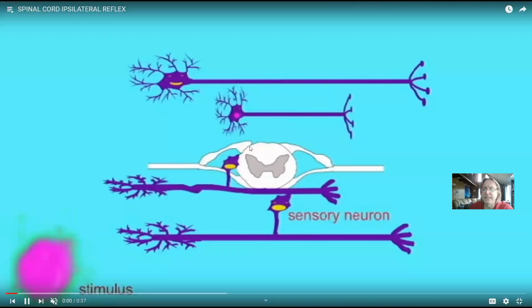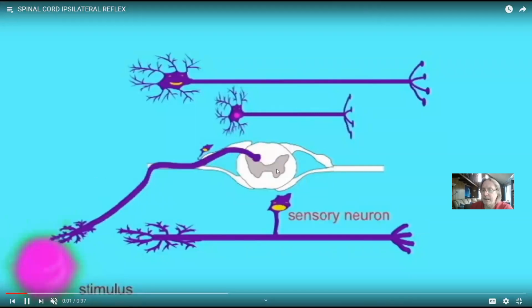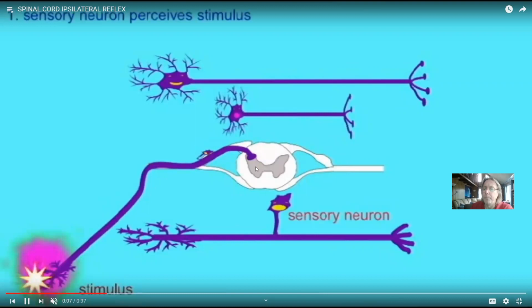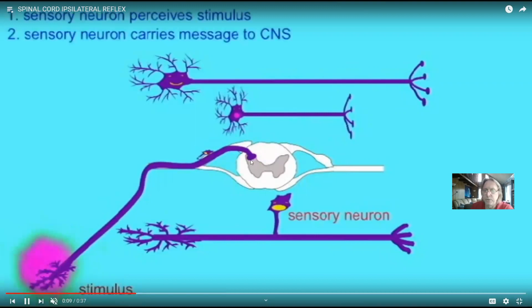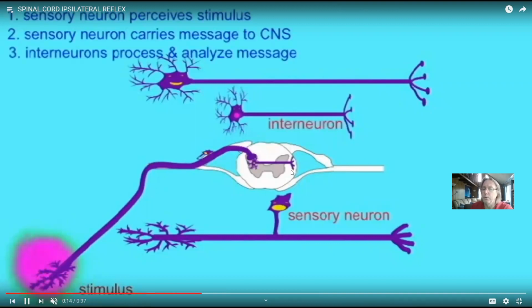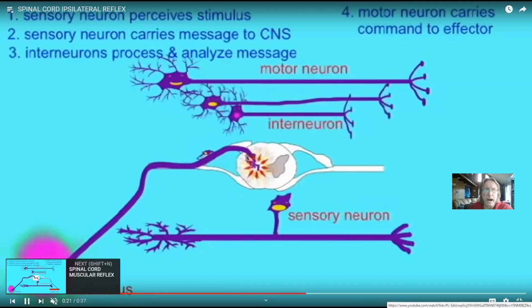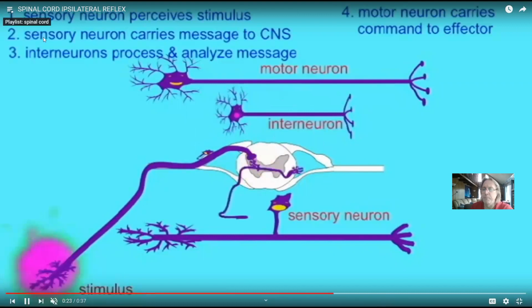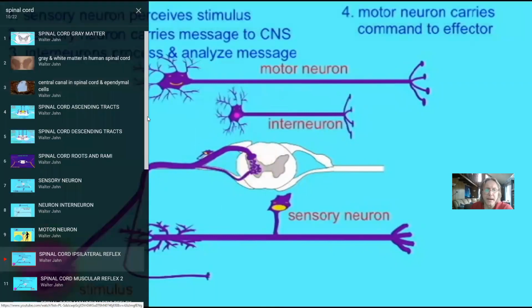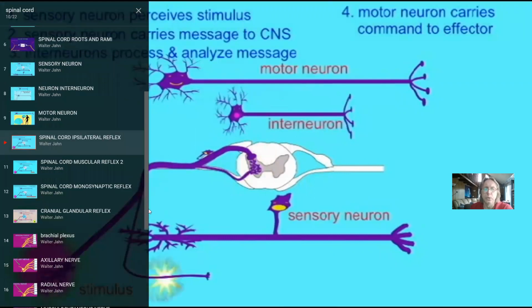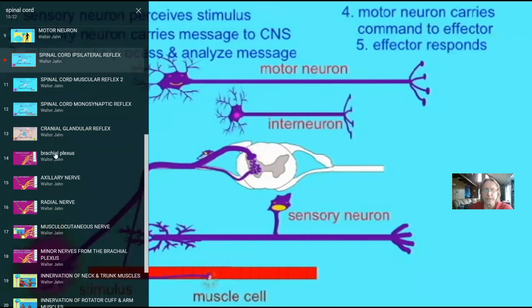And this sensory neuron could perhaps synapse directly with a motor neuron going out, but a more complex reflex would involve this sensory neuron then connecting with interneurons, which analyze the information before synapsing with the motor neuron, which would then carry the message to the periphery, giving a command, say, to muscles or glands. And so as far as the physiology and reflexes, I have more videos on that, but going to the anatomy.